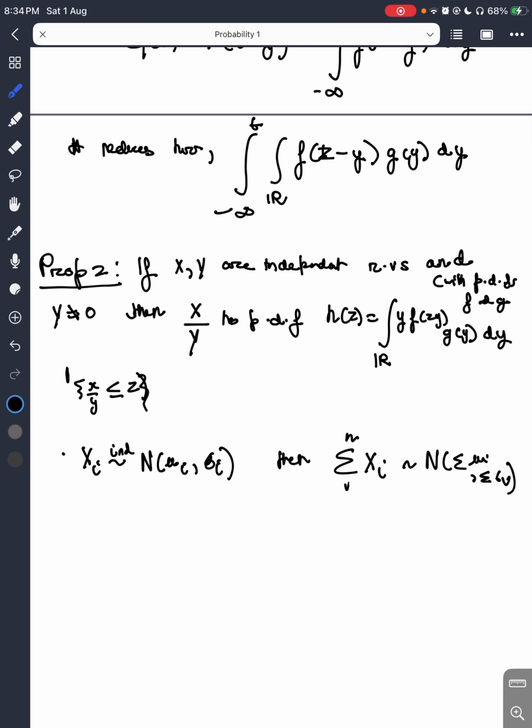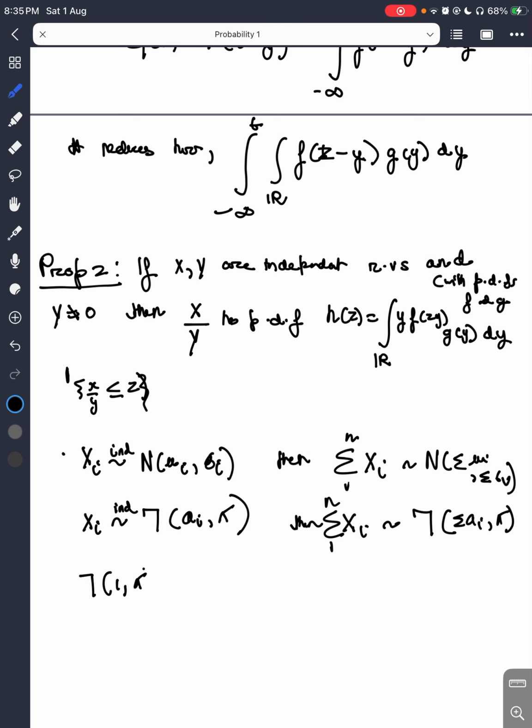Also, if Xi follow independent gamma(a_i, lambda), where the second parameter needs to be fixed, then the summation of Xi, i from 1 to n, follows gamma(summation a_i, lambda). In particular, gamma(1, lambda) is nothing but exponential lambda.